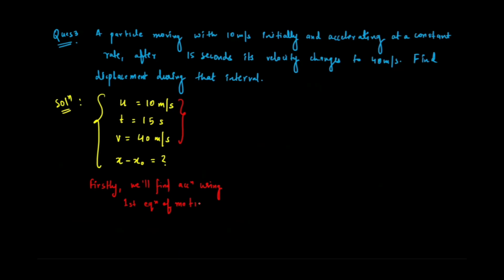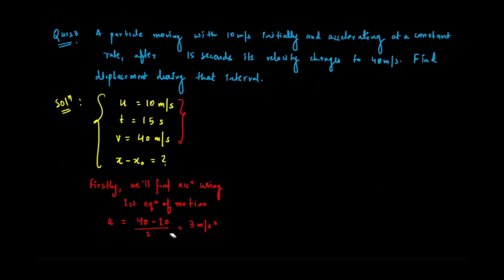So what is the acceleration going to be? v minus u, 40 minus 10 equals 30, divided by 15. Sorry, yes, it's going to be two.